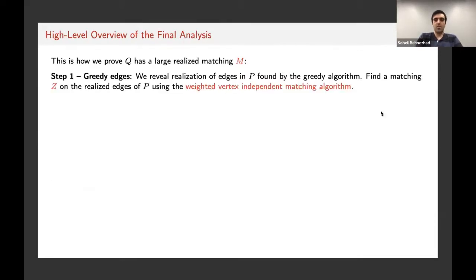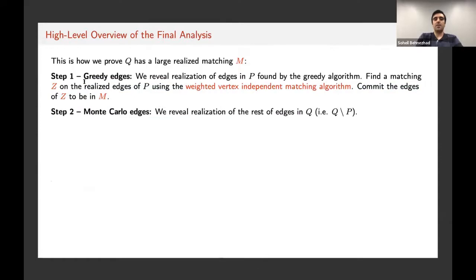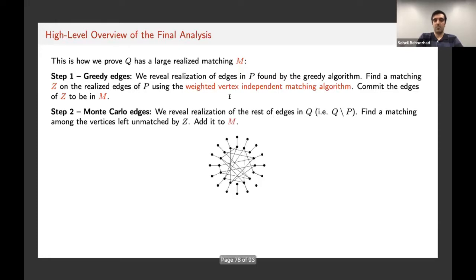We look at the realized portion of the greedy edges, run the vertex independent matching algorithm that I described earlier, and commit the edges of the matching that we find. And at this point, we have not even looked at the edges picked by the Monte Carlo algorithm. And then use the independence property of this vertex independent matching lemma to argue that the rest of the edges can be used to augment this matching and obtain a 1 minus epsilon approximation.